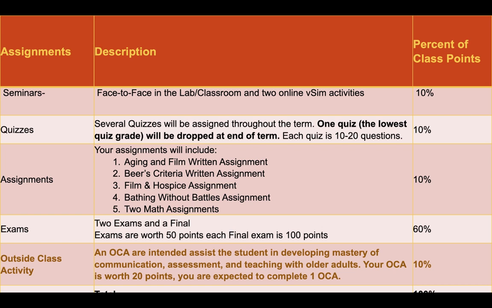And then 10% of your grade is 1 outside of class activity. That activity is actually at Tiger Place. You will work on communication, assessment, and teaching with older adults during that activity.